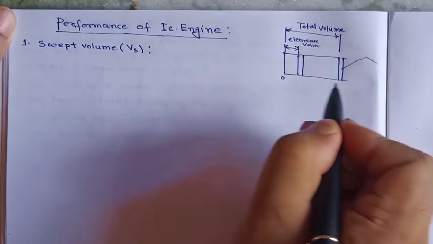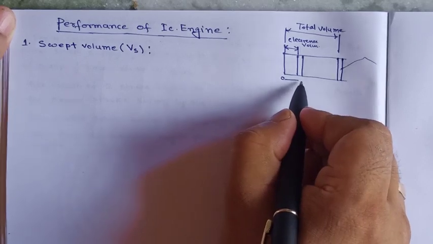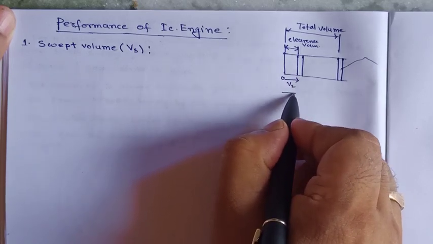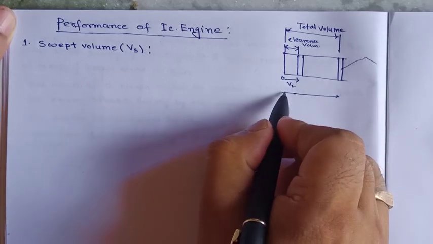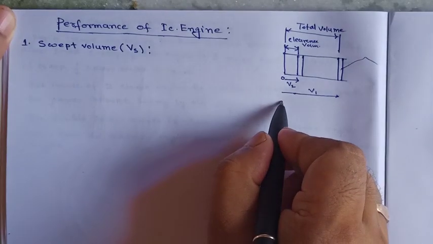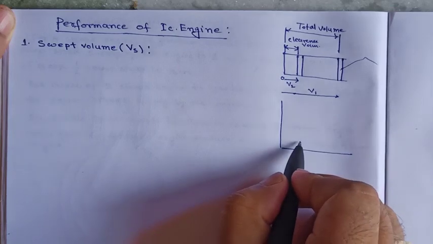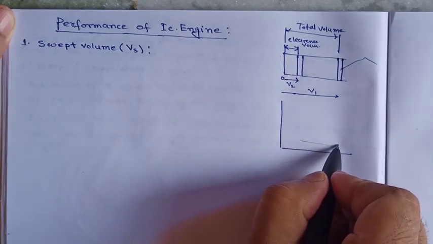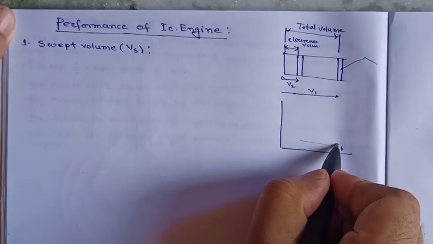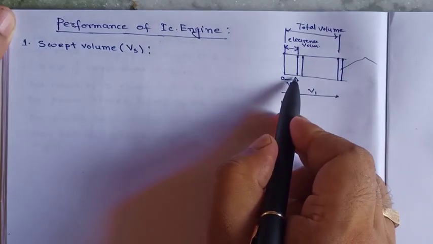Now if it is 0, then this will be V2 and up to that this will be V1. Because if I draw the diagram, then we know this is a suction process and after that this one is reached and then the compression process, it will move up to that.